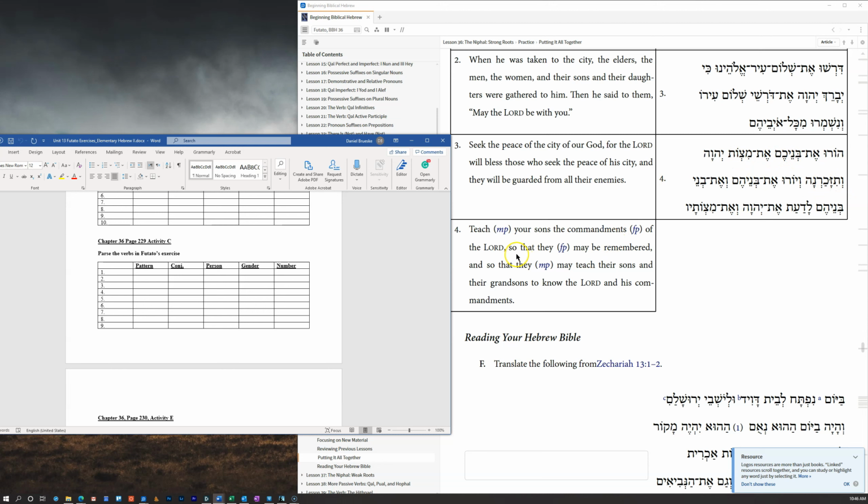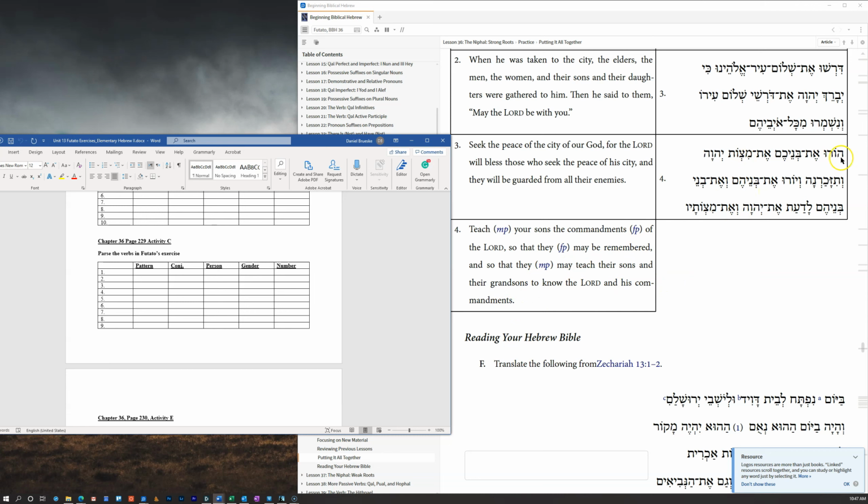So this is indicating result of the first verb. Teach with the result that the commandments may be remembered, and with the result that your sons may teach their sons and their grandsons to know the Lord and his commandments. Right, so other than that, we're pretty close here.